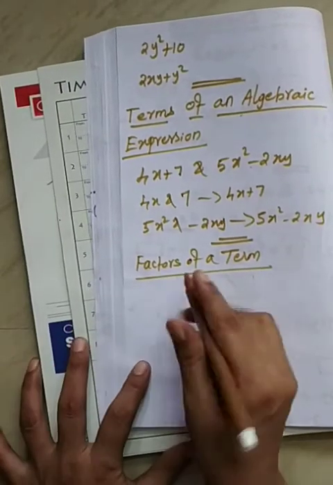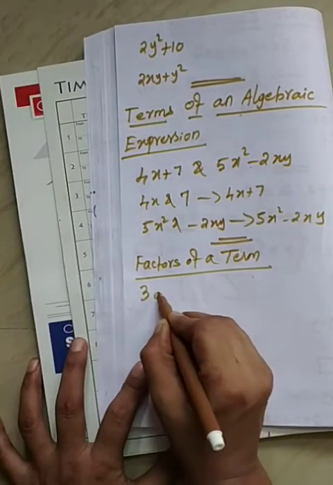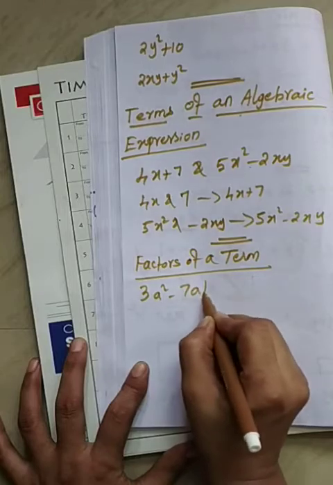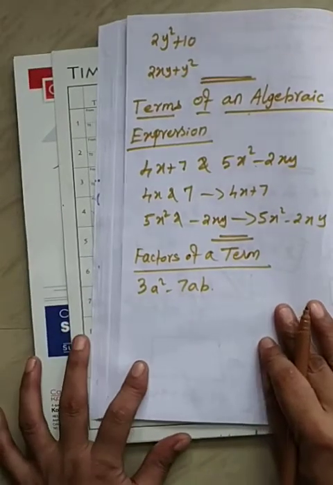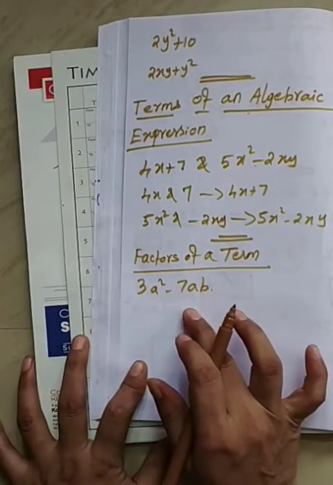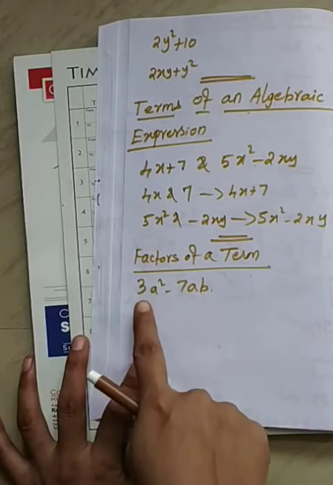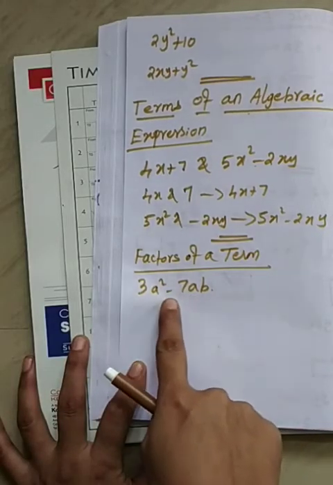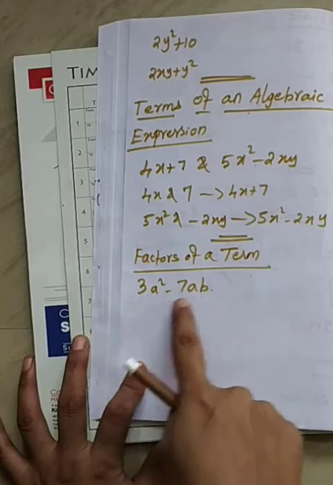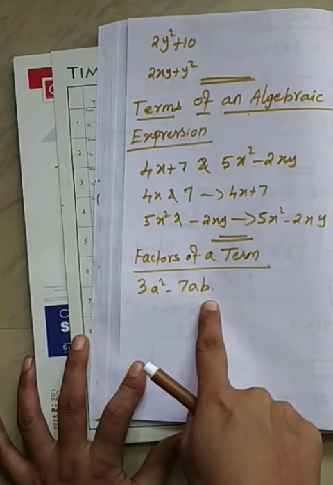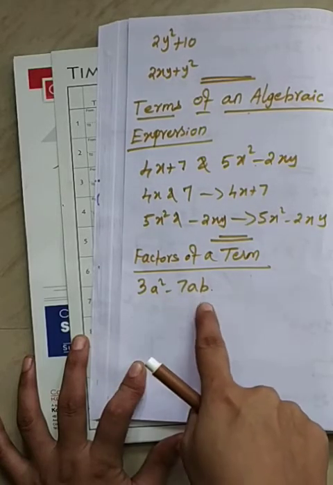Consider the example 3a squared minus 7ab. This expression has two terms, 3a squared and minus 7ab.